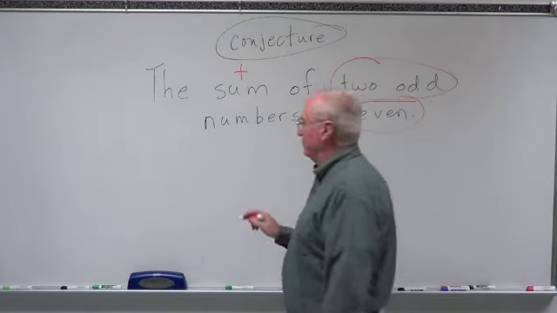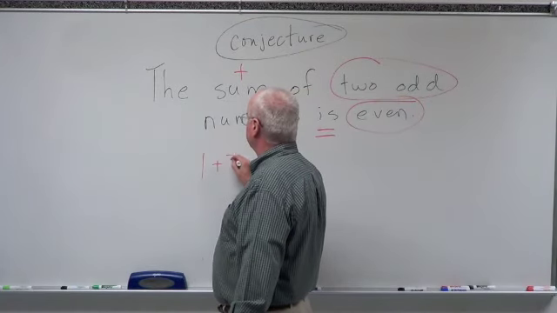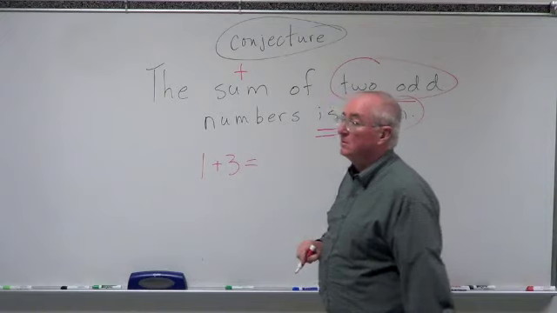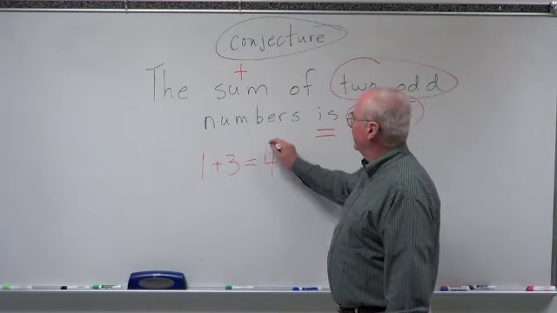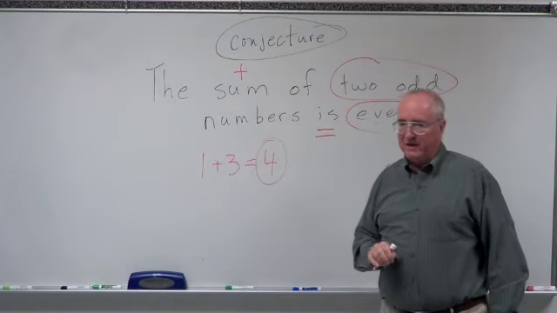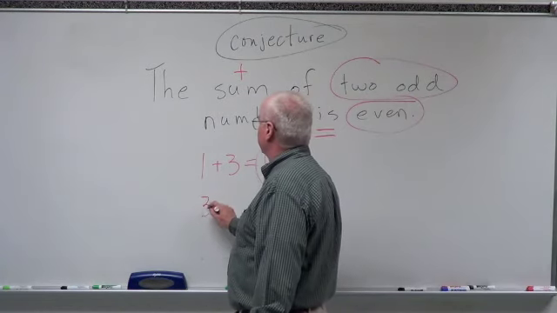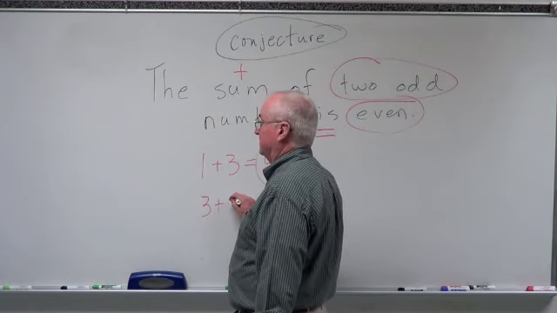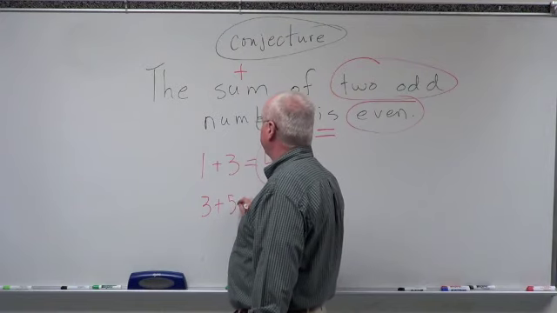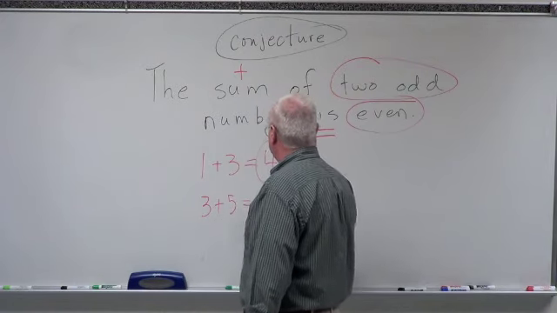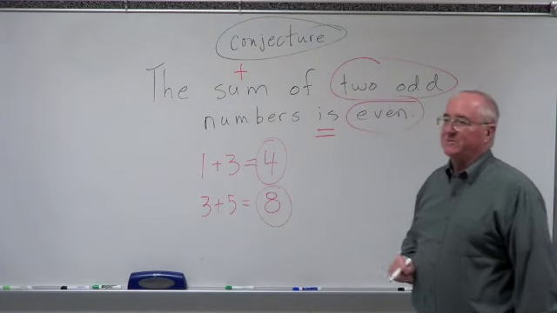Let's pick 2 odd numbers. 1 plus 3 equals, yep, that's right, 4. Oh, is that even? Yeah, it is. We'll pick another one. 3 plus 5 equals 8. Appears to be true.